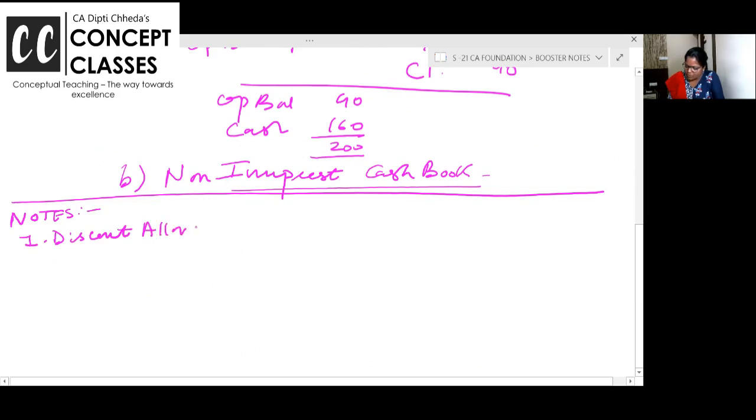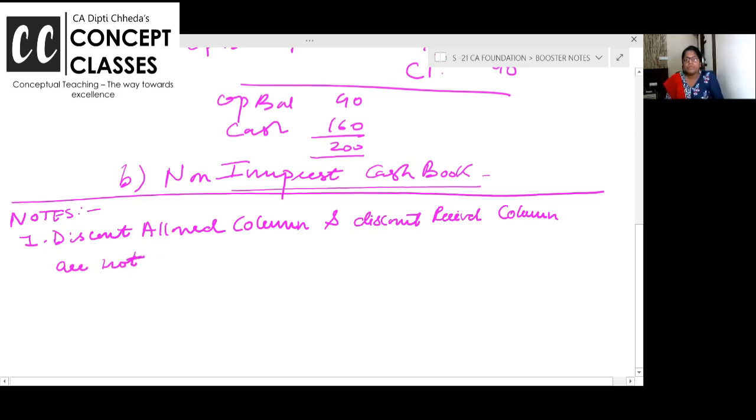Discount allowed column and discount received column are not balanced together. You know, you don't balance debit minus credit. They are not balanced together.